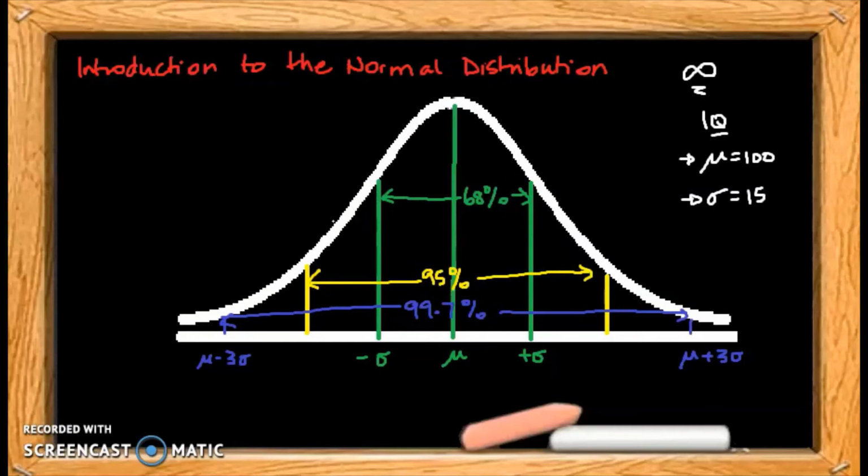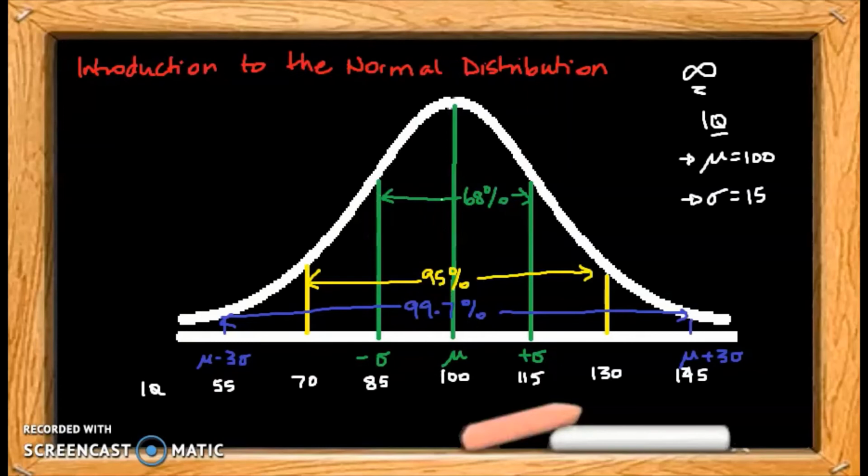So if I was going to fill this bell curve out with that information, my mean here is 100 and plus 1 standard deviation would mean I'm talking about an IQ of 115, plus 2 would be 130, plus 3 would be 145, and so on. Likewise, minus 1 standard deviation would give me an IQ score of 85, then as we go down 70 and 55.